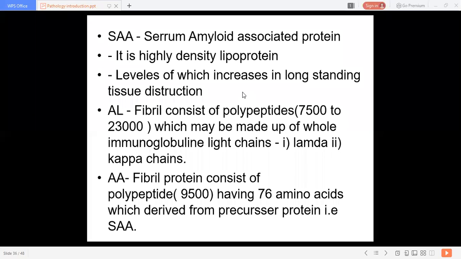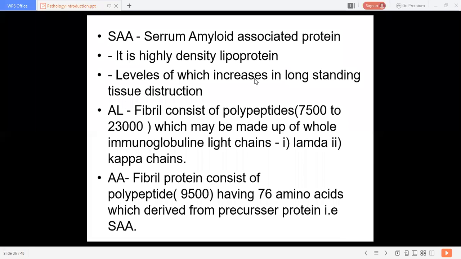So there are three types of this amyloid. SAA, that is serum amyloid associated protein. Then AL, that is amyloid light chain protein. In this, the fibril is made up of polypeptides of 7,500 to 23,000, which are made from the immunoglobulin light chains, that is lambda and kappa chains.